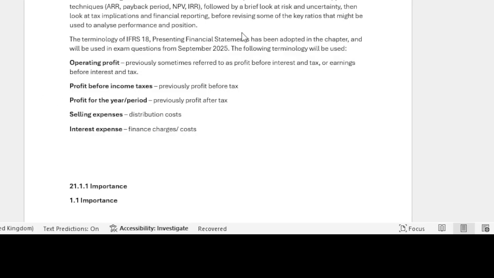Like I said, SBL is a theory paper. We do mainly analysis, we don't do computations. Those will be done on a different paper like AFM or FM. SBR is where we will need some computations of that sort. But in here, we have minimal computations that will appear in the exam.